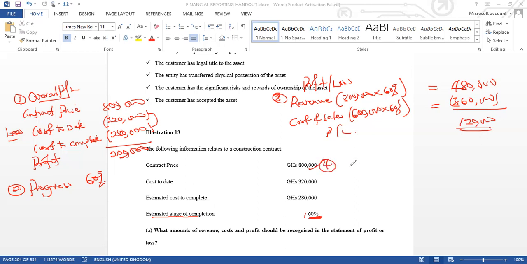So we have cost to date. What is cost to date? 320. And what? Recognized profit to date. How much is that? This is what we have.